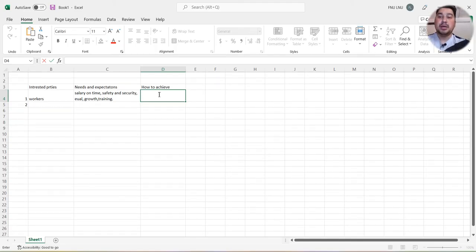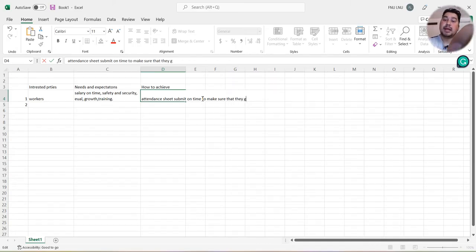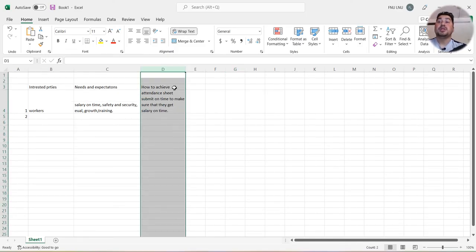You have to make sure that workers' attendance sheets are submitted on time, to make sure that they get salary on time. So that is one of the requirements, and in this way you are going to achieve them. This is for the internal one.